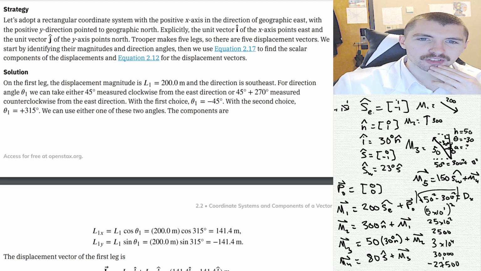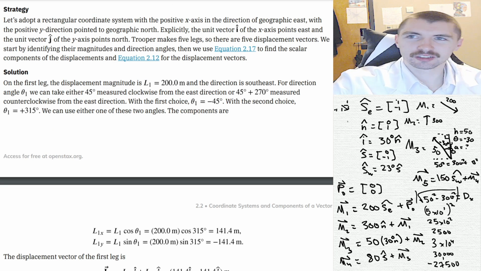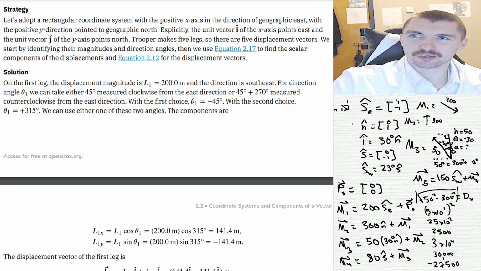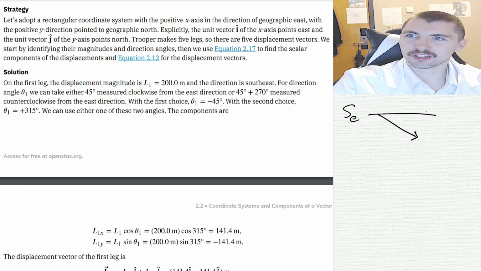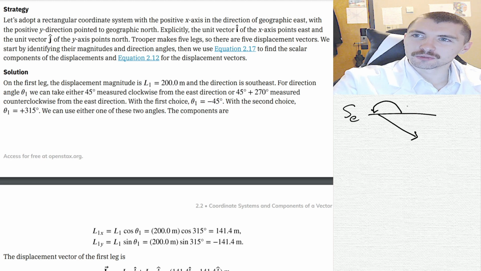So southeast, it's saying, okay, southeast is this way. If this is the x-axis, measuring here, that's 180 degrees.